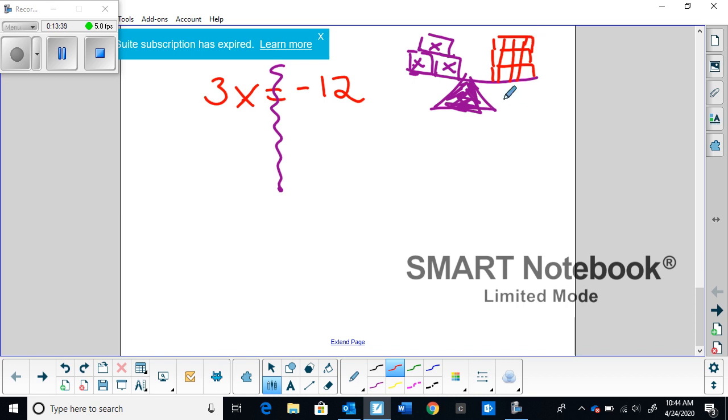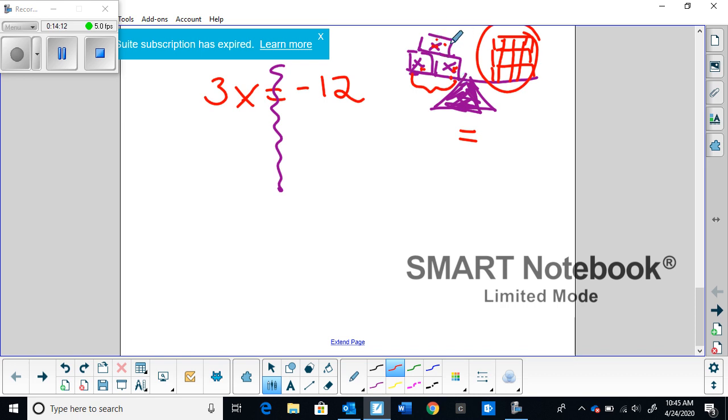Okay, I have 12 little boxes. So we know that they're going to be equal, which means that the scale is balanced. So what we want to figure out is how many of these little pieces are in each of these boxes. Well, if we have 12 over here, there has to be 12 pieces over here too. We just don't know how many are in each of these mystery boxes. But it's got to be the same amount in each box because each box is the same variable, which means they have the same amount. That's super important to remember.